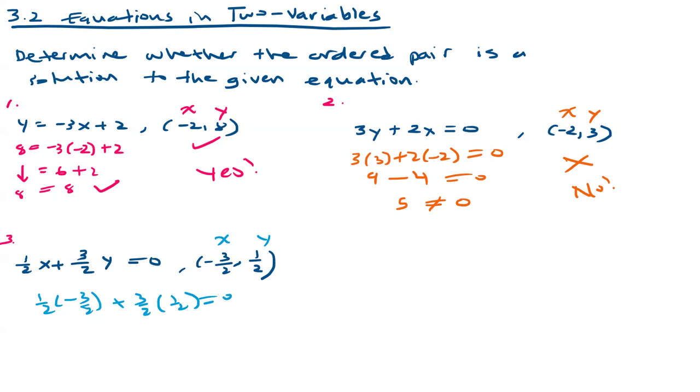So 1 times negative 3 is negative 3. 2 times 2 is 4. 3 times 1 is 3. And then 2 times 2 is 4. Okay? So negative 3/4 plus 3/4 is going to give us 0. So that is equal to 0, which is true. So yes, this is a solution to the given equation.